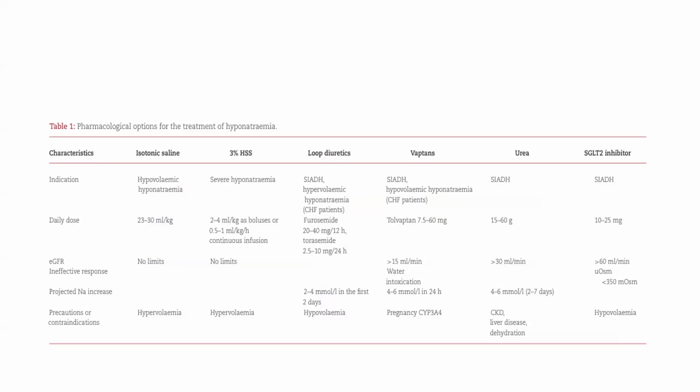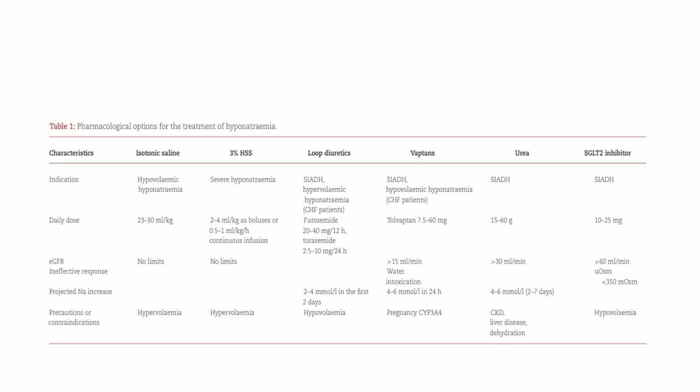So these are the various pharmacological options for the treatment of hyponatremia. First is isotonic saline that we can administer in hypovolemic hyponatremia in the dose of 20 to 30 ml per kg. 3% hypertonic saline can also be administered in severe hyponatremia in the dose of 2 to 4 ml per kg as a bolus, or if we are planning to give it by continuous infusion, then 0.5 to 1 ml per kg per hour.